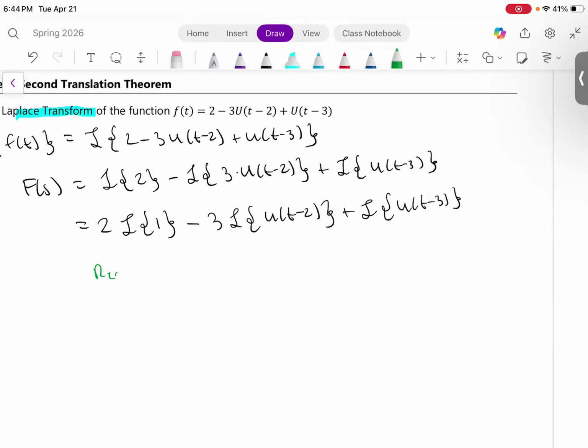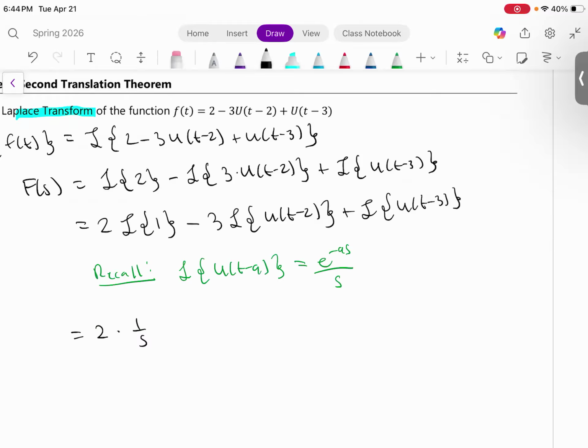So recall the Laplace of the unit step function t minus a is e to the negative as over s. So rewriting it, 2 times 1 over s.